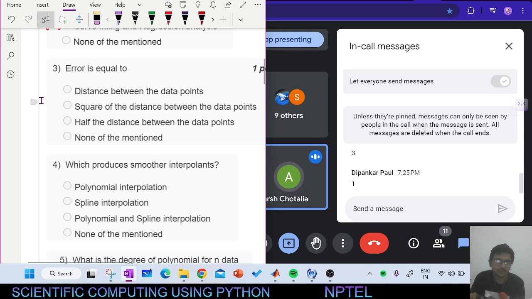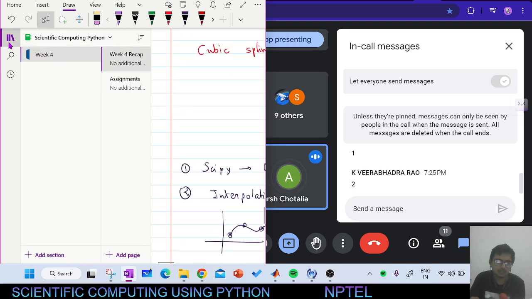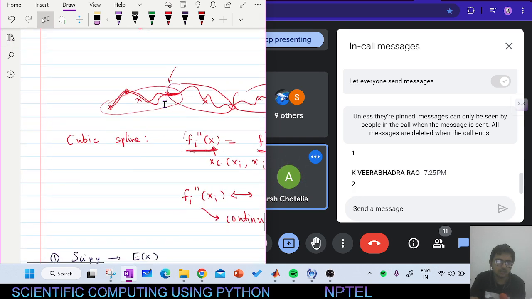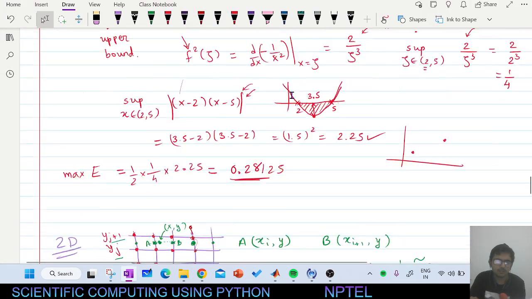Error is equal to, again, slightly vague. So we can only answer this in the context of what is discussed in the lecture, right? And in the lecture, we have seen this error function. Where is it?